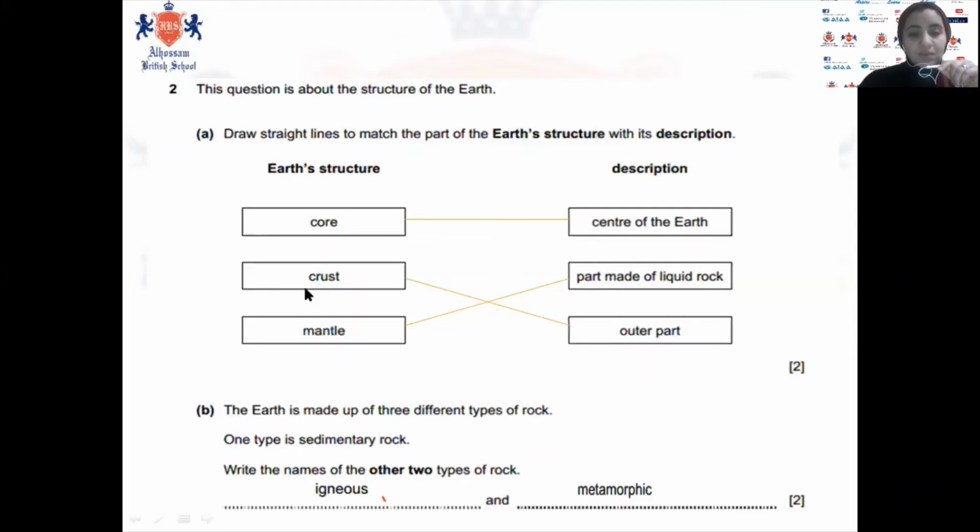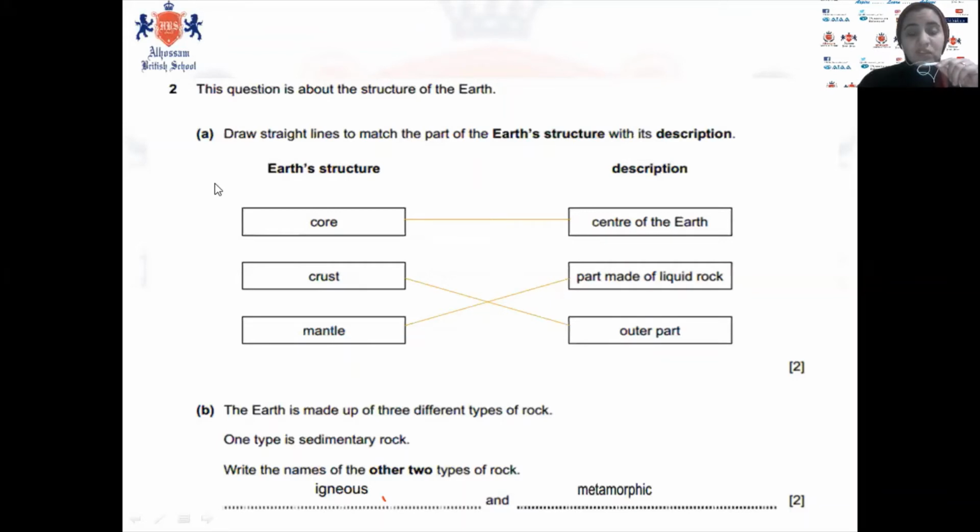Excellent, obsidian. Is there any crystal inside the obsidian rocks, which cools very quickly? No, because it doesn't take time to form. Excellent. No time for forming any crystal.